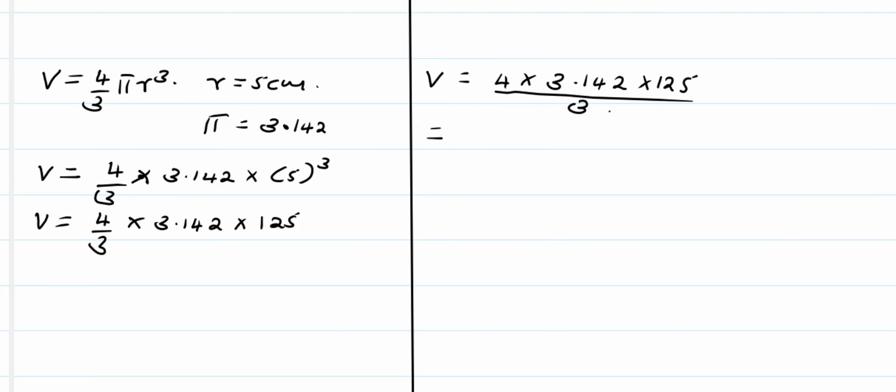So it becomes 523.666. Sorry, but then you are told to give the answer in 3 significant figures. So it will be, I'll count 3 values here, 1, 2, 3, and then check the one on the side of the decimal.